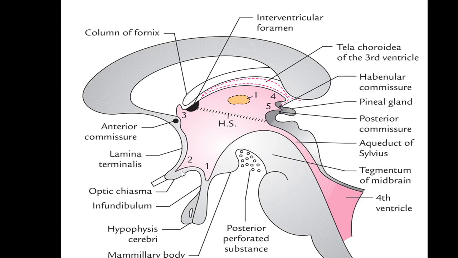Inferiorly there lies the optic chiasma, the infundibulum, the mammillary body, and posteriorly you can see the posterior perforated substance, and it merges with the subthalamus and with the tegmentum of the midbrain.